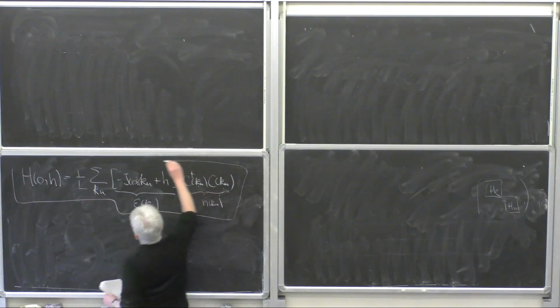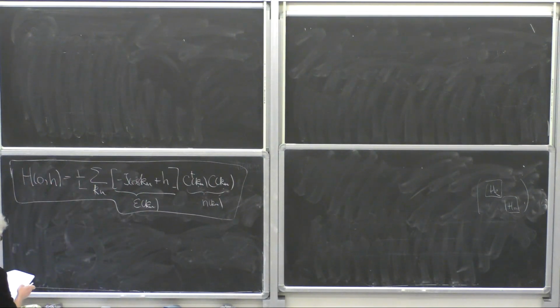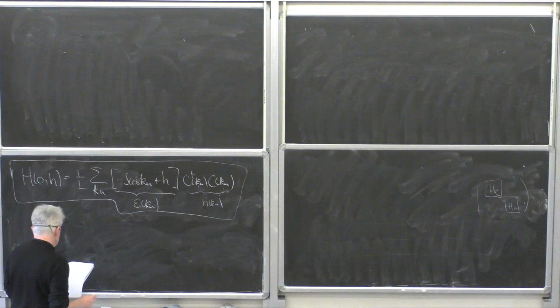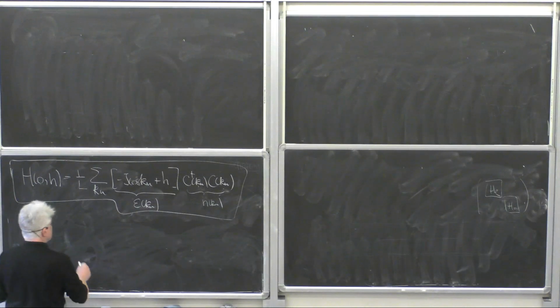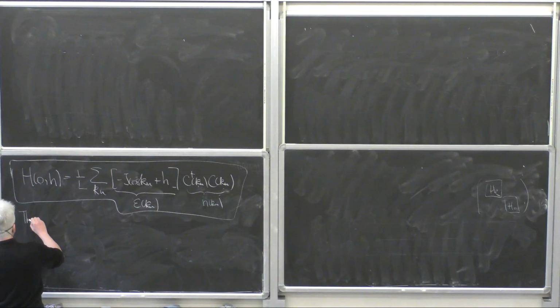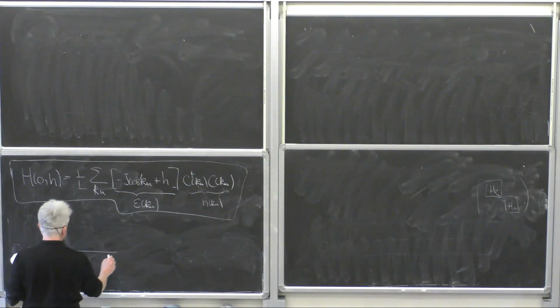Okay. So we have this. Now, this already teaches us something which is not to be sneered at. This gives us easy access to a part of this phase diagram of the Heisenberg model.